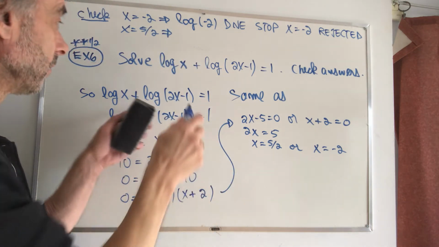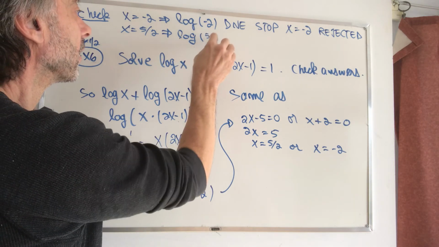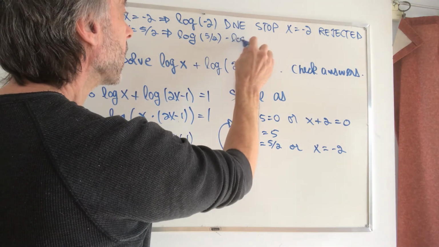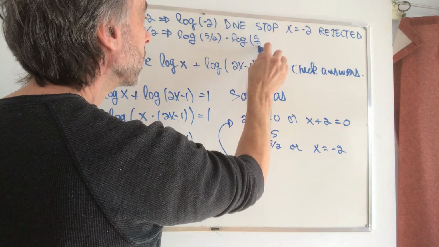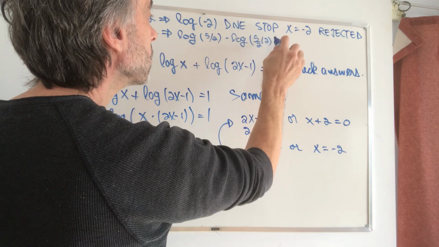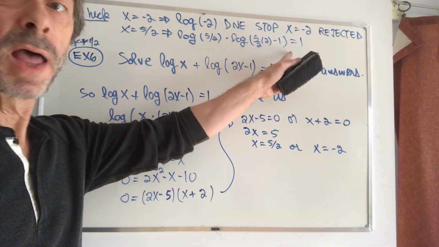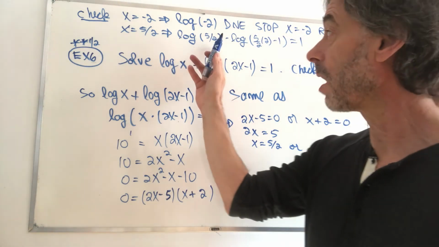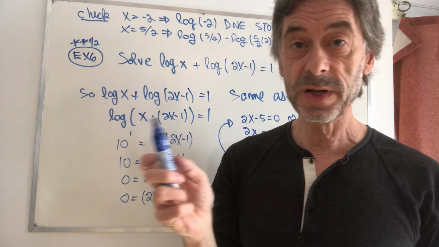And the other answer, x is equal to 5 over 2. I put it in here, so I'll get log of 5 over 2 minus the log of 5 over 2 times 2 minus 1. And I should have that equal to 1. I will actually let you put the numbers into the calculator. So log of 2.5 minus the log of 4, and you will actually see that you get 1.